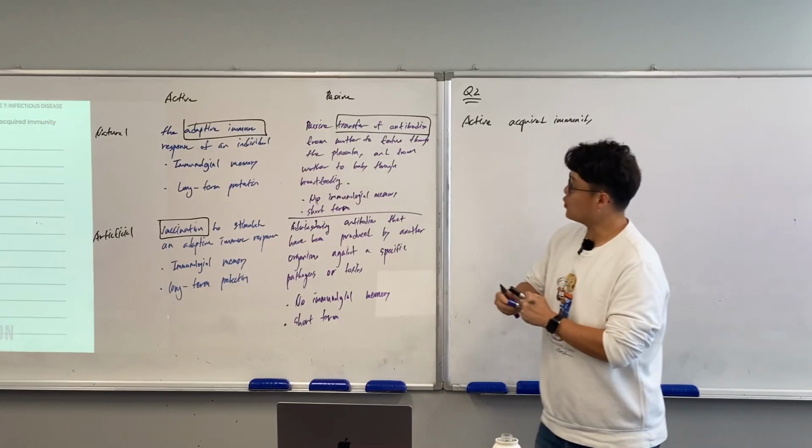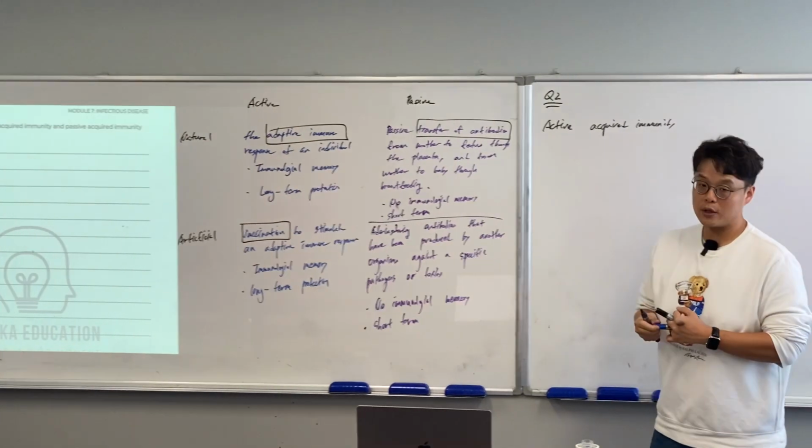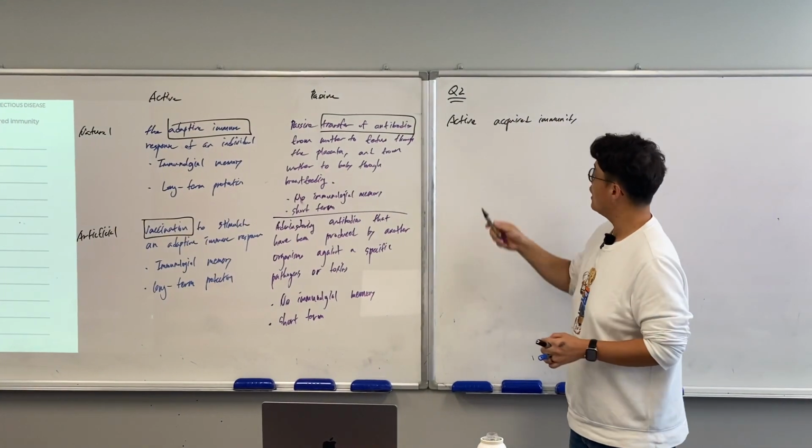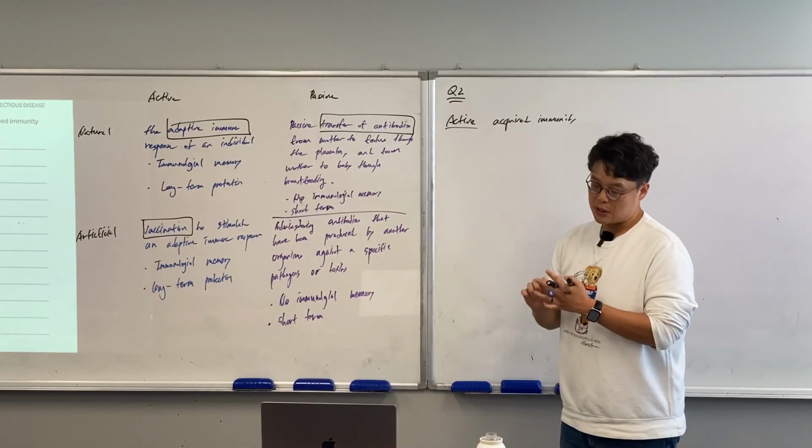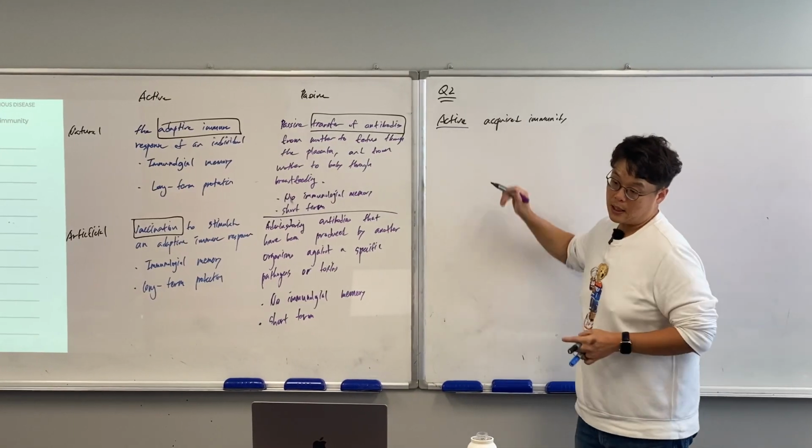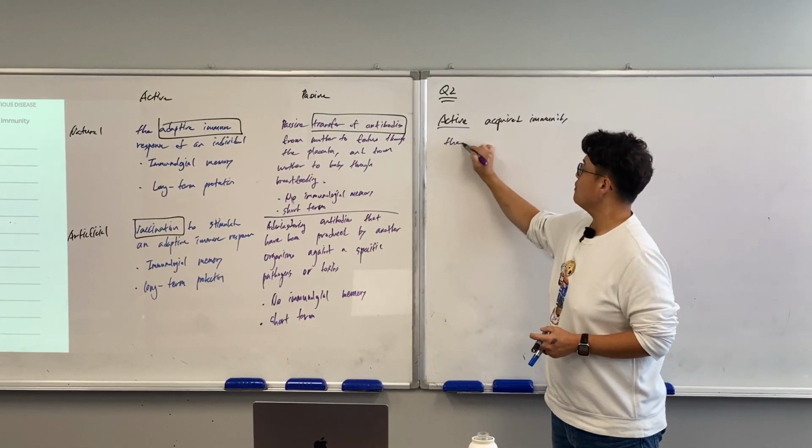Basically, you can think about active and passive, whether artificial or natural. Active acquired immunity involves the immune system.